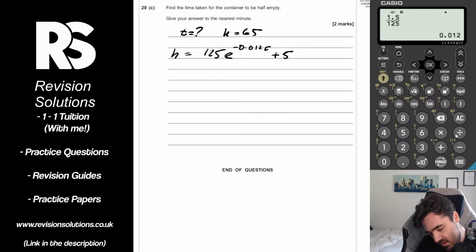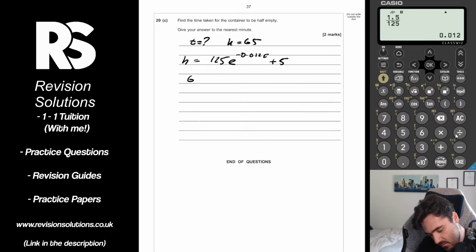So 65 would equal 125 e to the minus 0.012t, plus the 5. If we take the 5 over and divide by 125, we'd have e to the minus 0.012t equals 60 over 125.